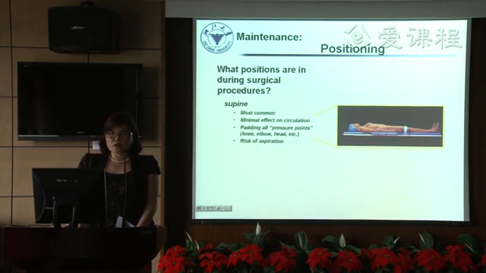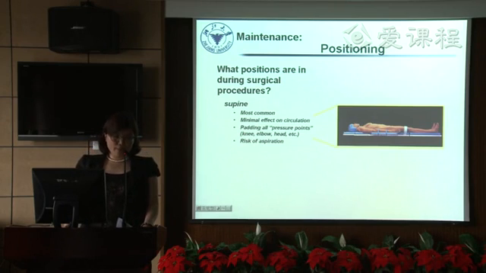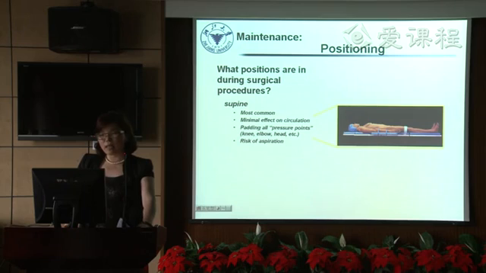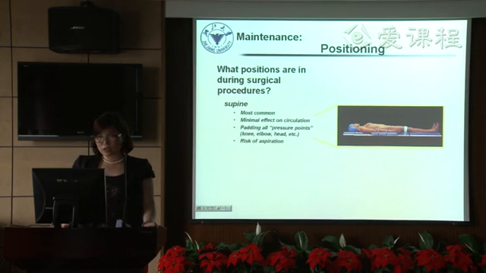And during operation, another thing we should consider is positioning. As we know, when we position the patient, it can sometimes harm patients. If we haven't given a proper position or protection, the patient may be injured, right?